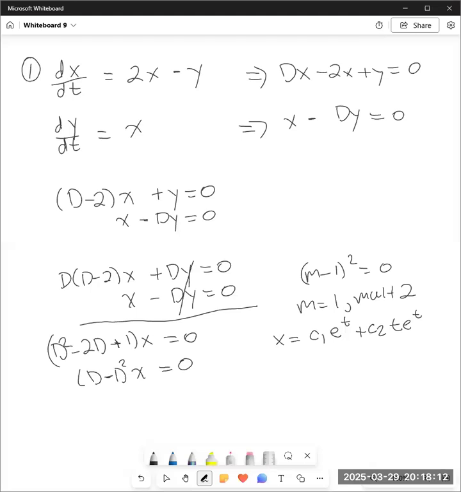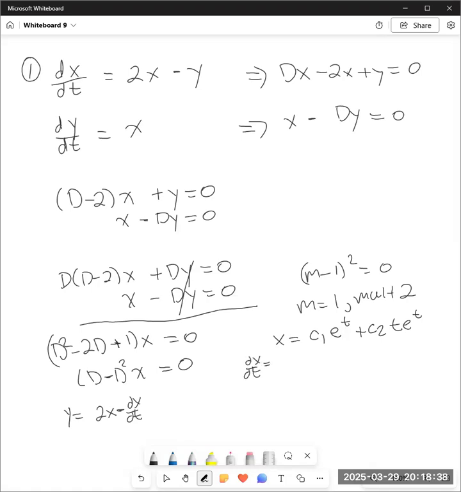Now we're going to have to go back to this equation and solve for y, that y is equal to 2x minus dx/dt. So let's find dx/dt.